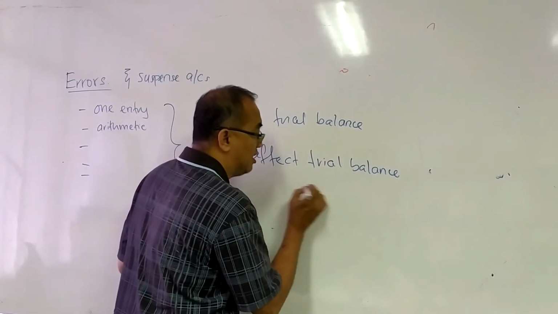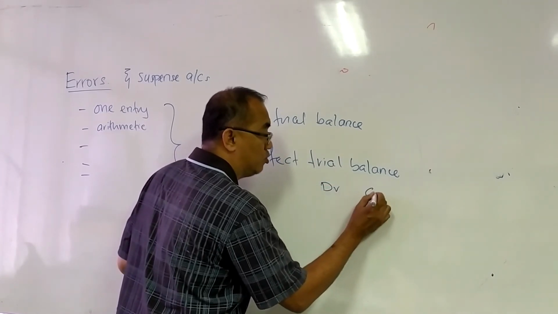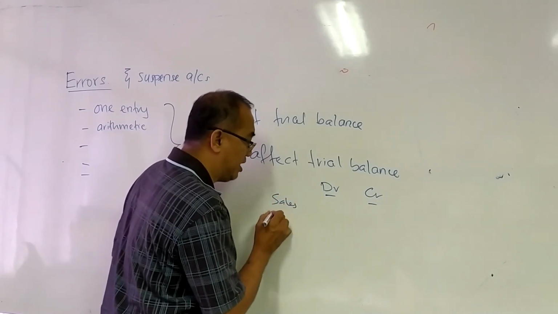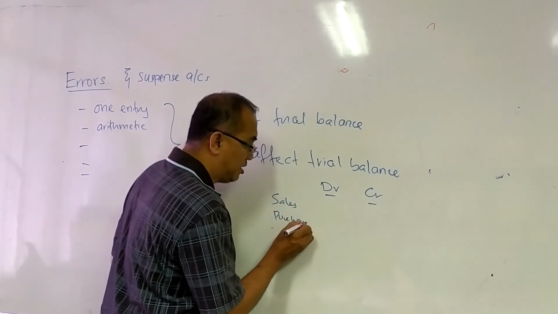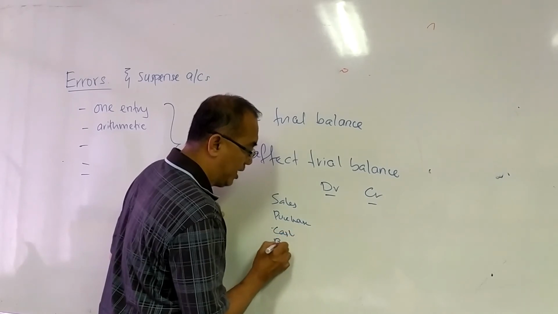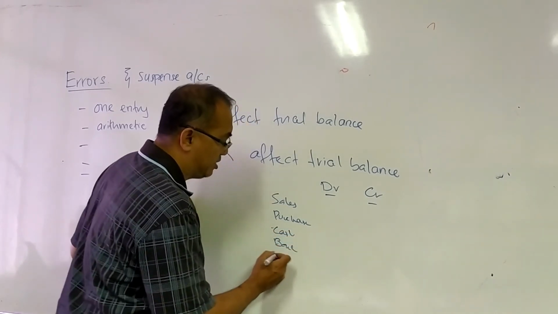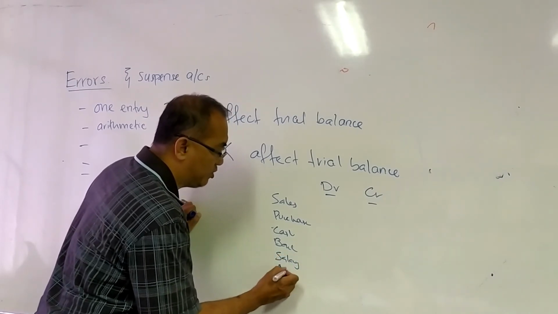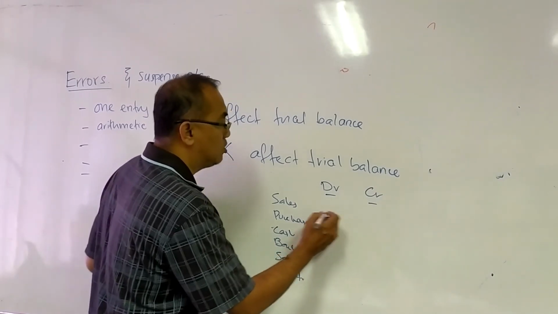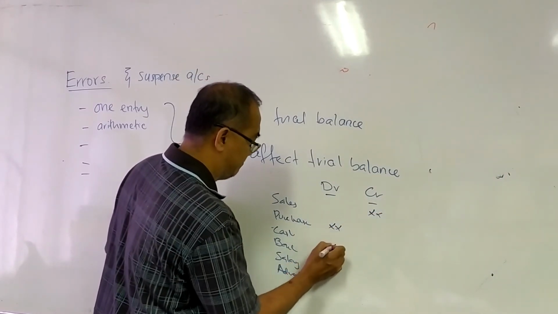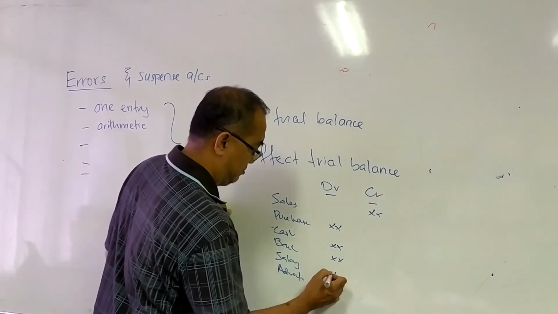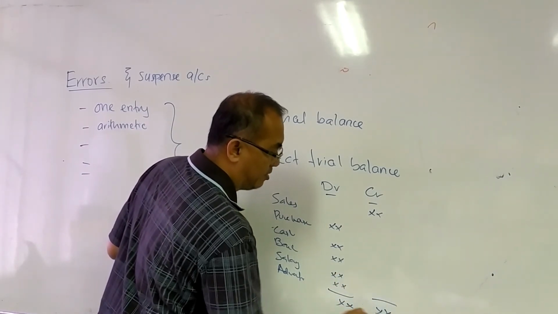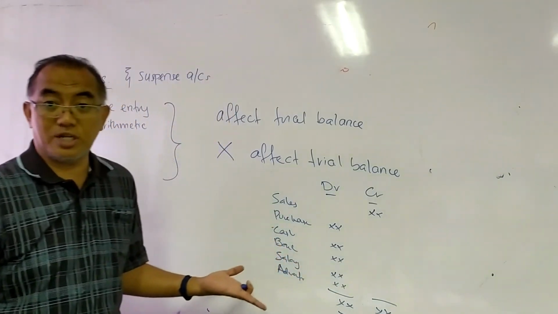The trial balance is the list of balances that you get at the end of the period, where you have sales, purchases, cash, bank, and some expenses, your salary, your advertisement. It must balance. The debit and credit must balance.